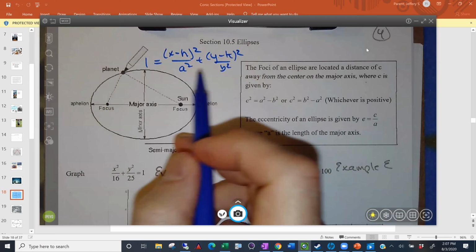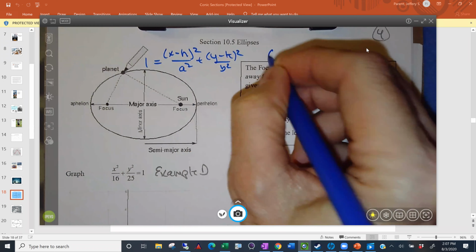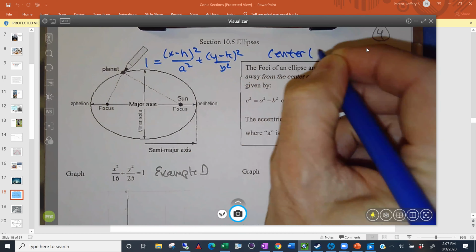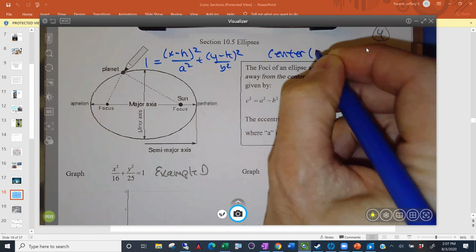If your ellipse is in that form, then it's going to have a center at (h, k). And you can find its foci a distance of c away from the center along the major axis.